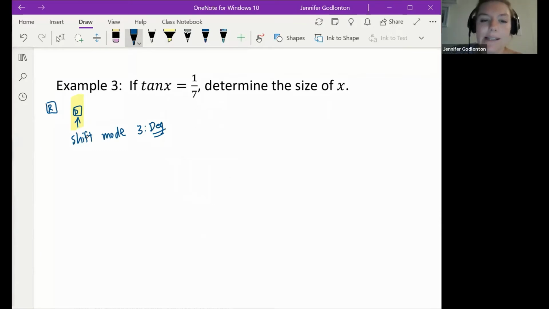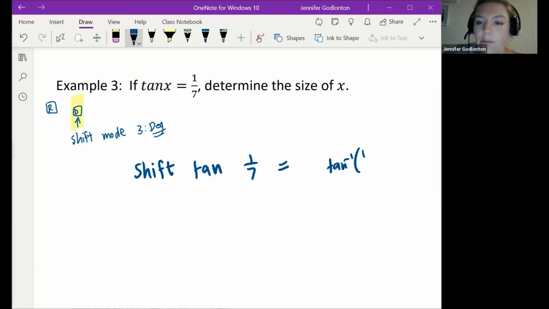So in our calculator, we're going to write shift tan 1/7 equals. In your calculator, it will look like tan to the -1/7.